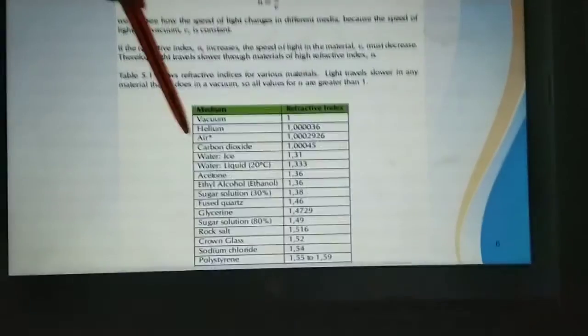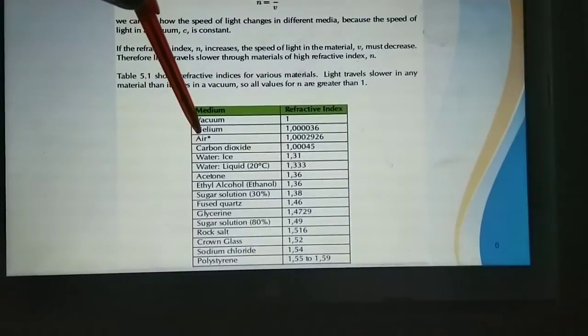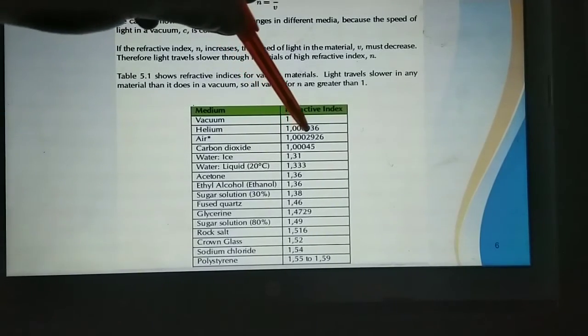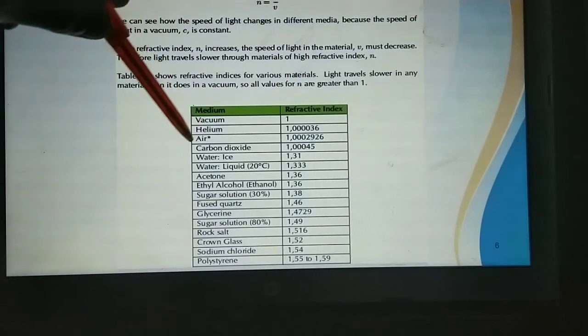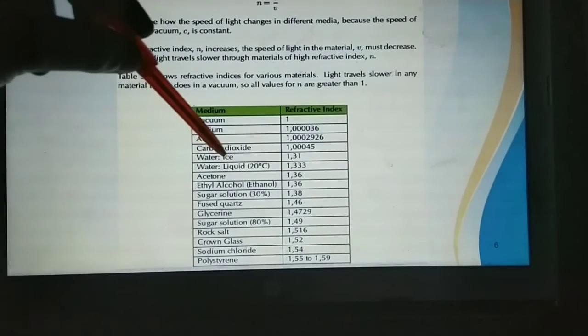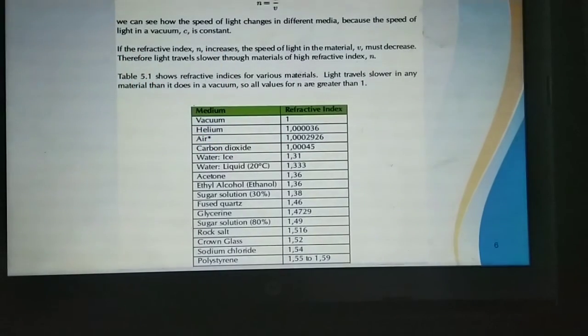But from there, you realize that for helium it's 1.000036. In air, this is what we have. For carbon dioxide, this is what we have, and so on.